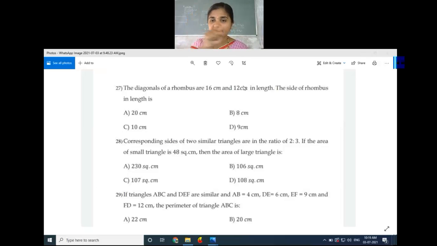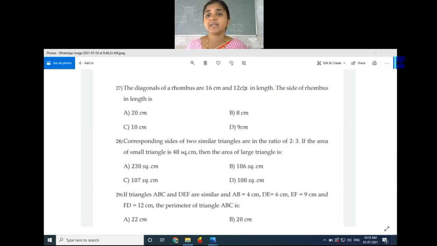Total 16, so one side of the triangle is 8. The other diagonal is 12 centimeter, so the other side is 6. In a right angle triangle, one measurement is 8, another is 6. Then what is the measurement of the other side? Hypotenuse, and that hypotenuse is the side of the rhombus.